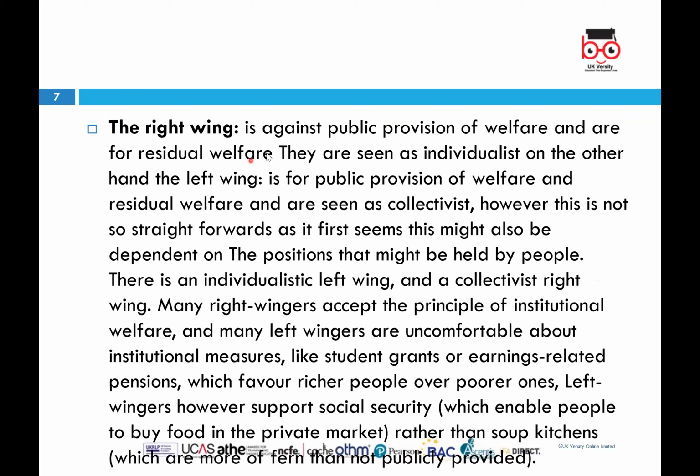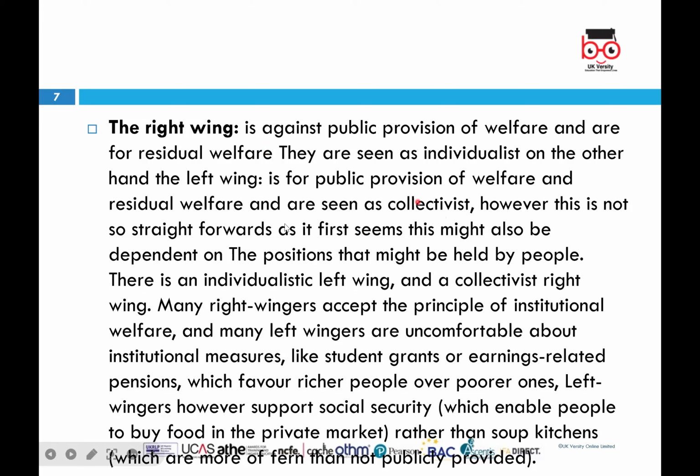So there was the right wing, which we said is against public provision of welfare and they're seen as individualist. On the other hand, the left wing is for public provision of welfare and residual welfare, and they're seen as collectivist. So there's the right wing, which is the individualist, the left wing, which is collectivist.